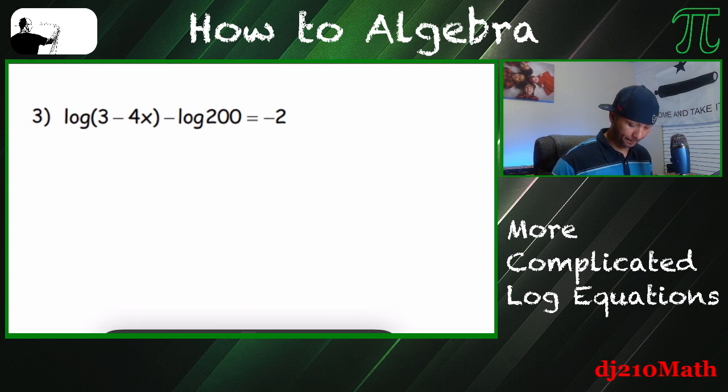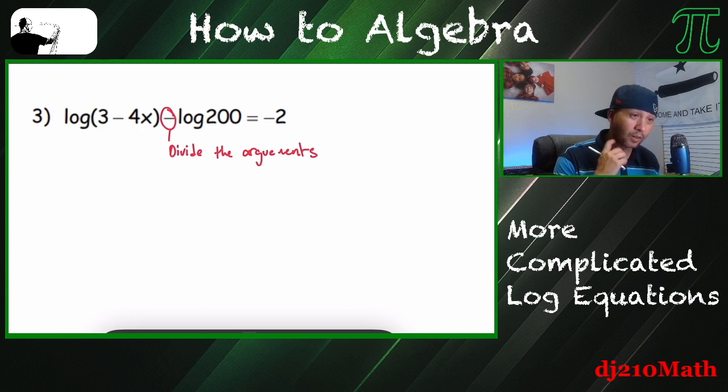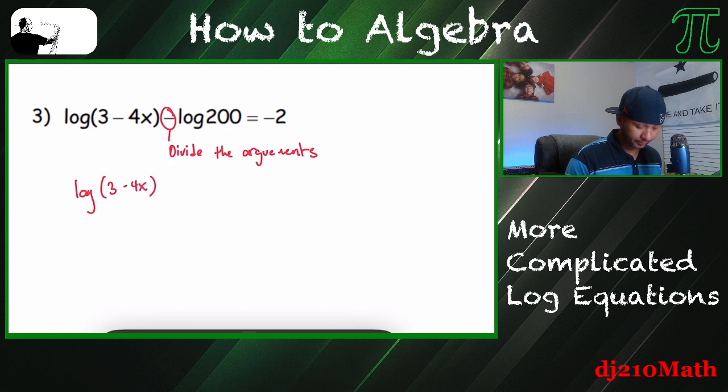Number 3. Minus. So this is division, why we want to divide the arguments. So a rookie mistake is going to be this right here.